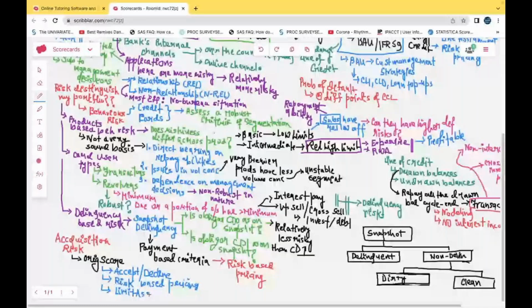So for a credit card, these are the three parts where the acquisition scorecard is used, right? The way it proceeds is, first, are you willing to accept the borrower? Yes. If you are doing so, what is the price that you would charge for the product? The third is what is the amount of limit that has to be assigned.